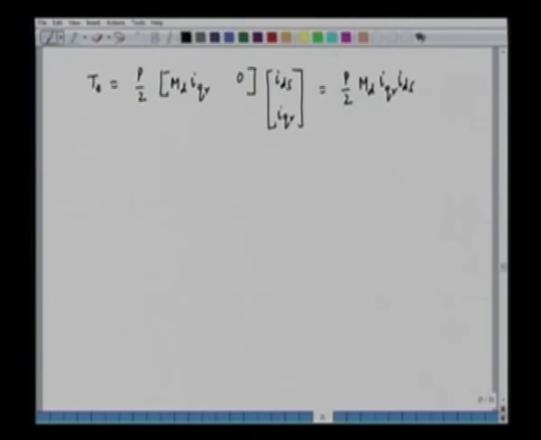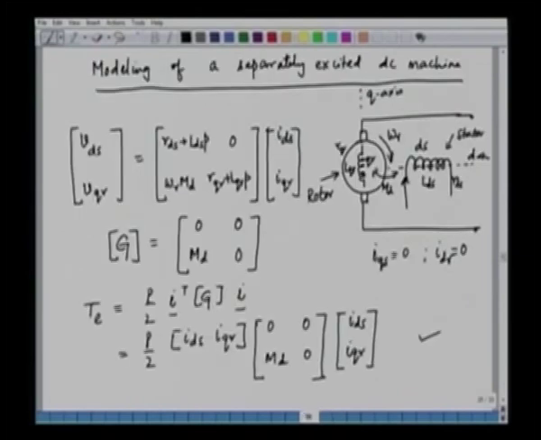The field is separately excited, and in this case, what is IQR? IQR is the current in the rotor winding. So IQR is the same as the armature current. I can say this is your IA. IA is the same as IQR because this is flowing through this winding, and this is my IDS, which is the same as the field current.